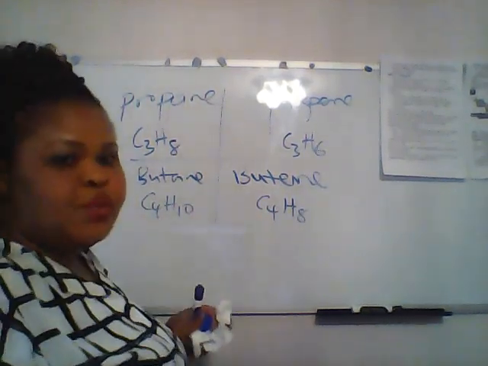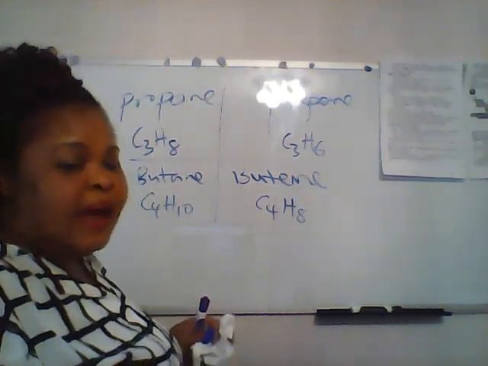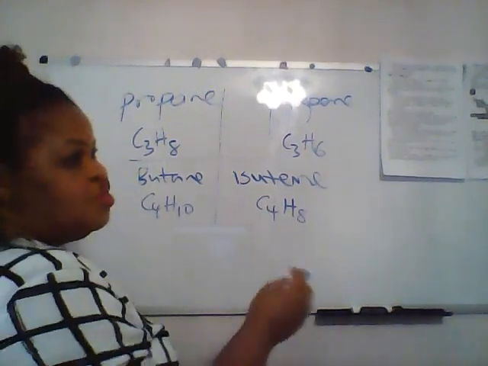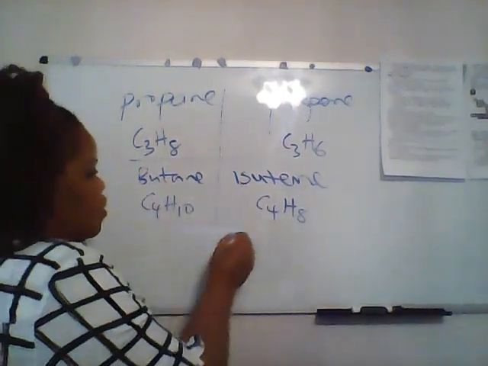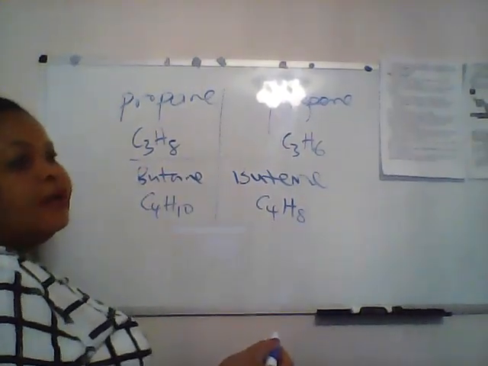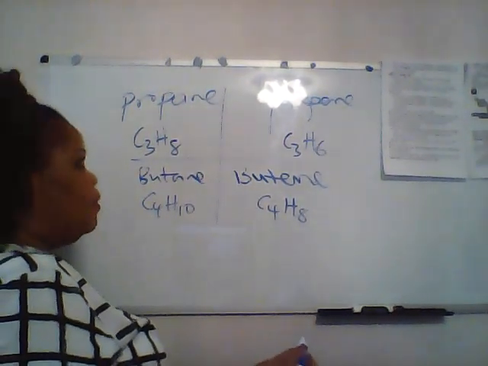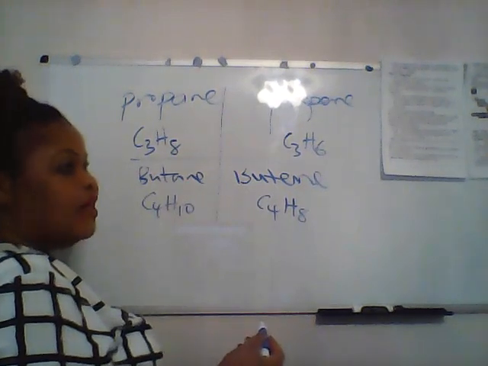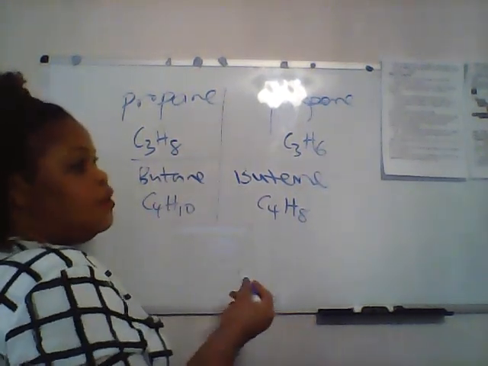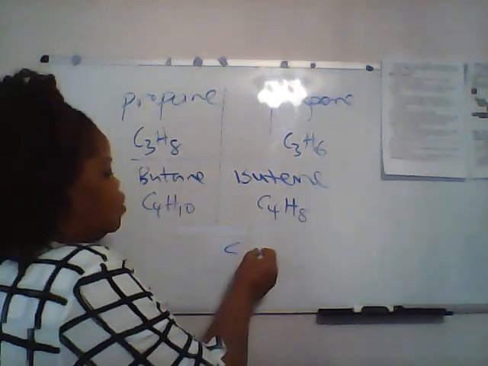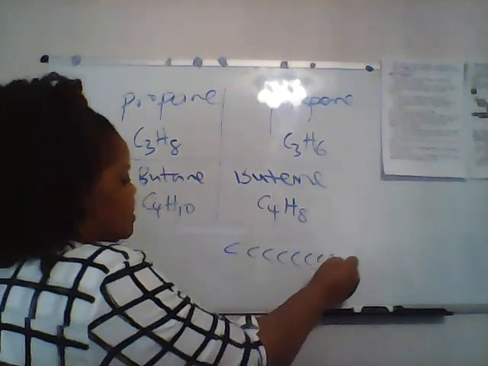What I say to my students, when you're drawing this in exam, and if you ever forget that, you just do your counting quickly. If you were asked to write the formula for the 10th alkane, you already know it's C10. So you just go 1, 2, 3, 4, 5, 6, 7, 8, 9, 10.